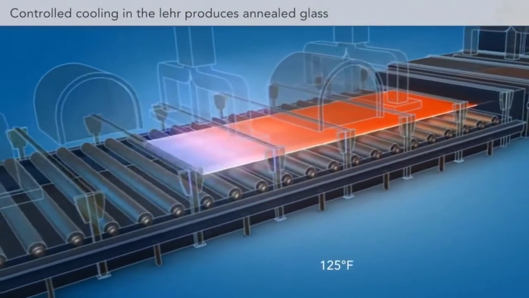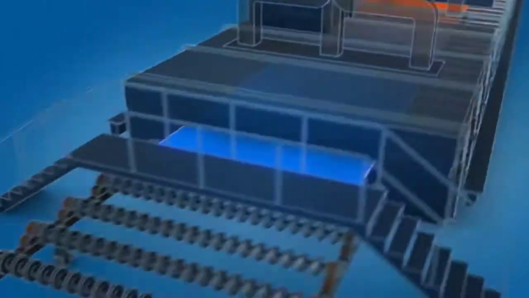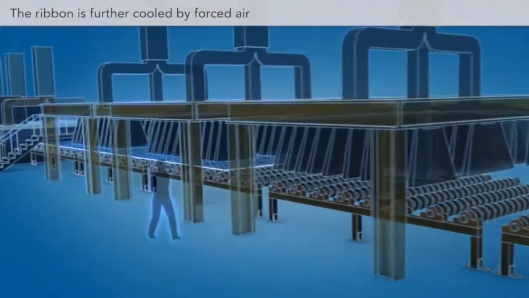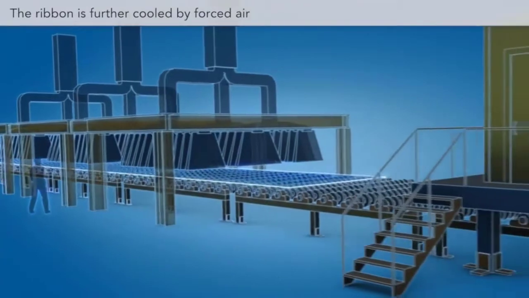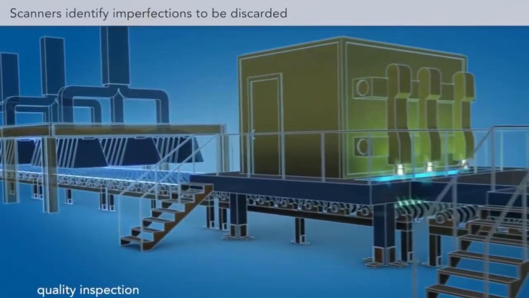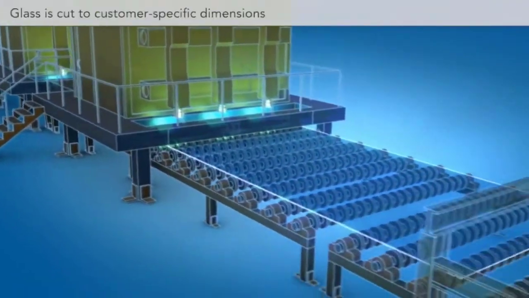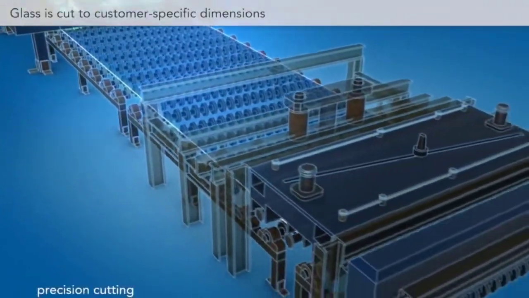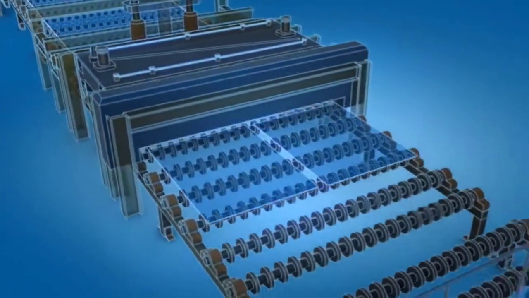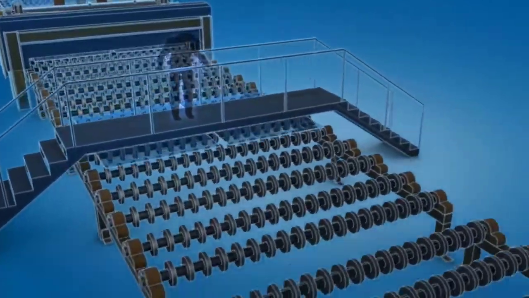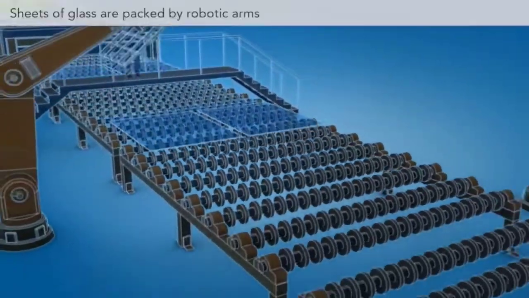From 2300 degrees it is reduced to 125 degrees Fahrenheit. After that, it is passed to a cutting machine where the glass plate is cut into a particular dimension so that it can be used accordingly.